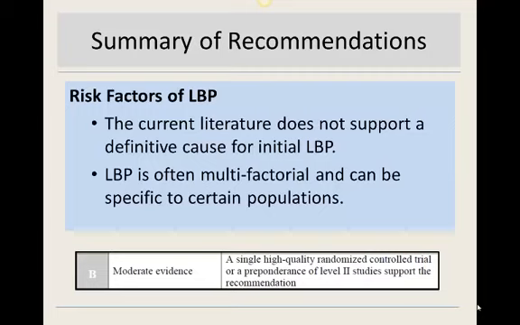The current literature and the panel did not find a specific definitive cause for the initial onset of low back pain. What they found is that low back pain is often multifactorial, and it can be specific to certain populations. This is based on moderate evidence.